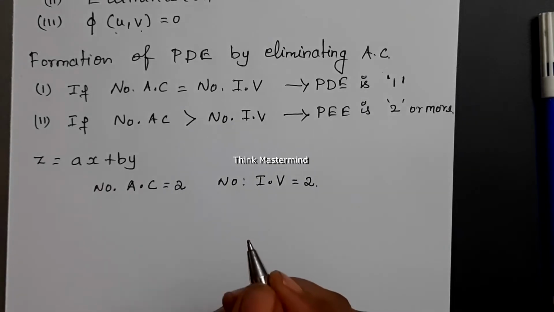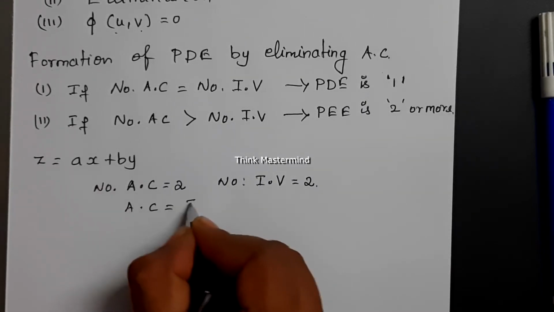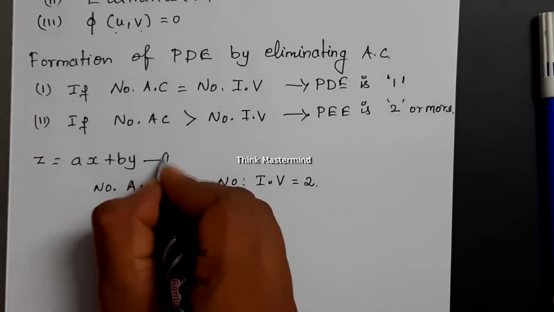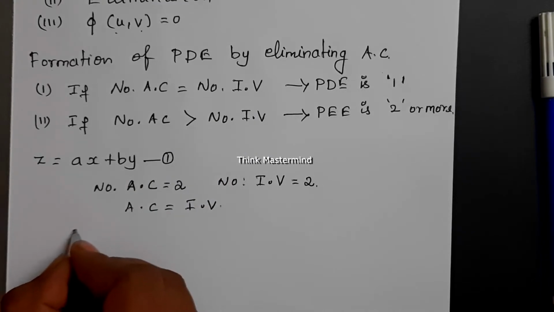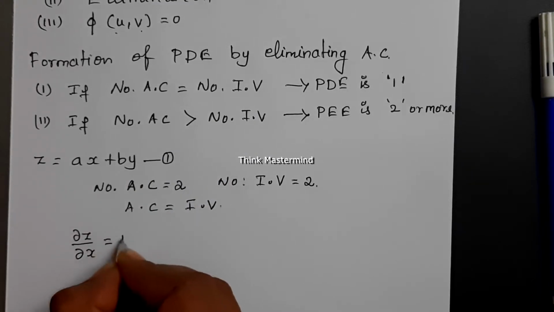Now differentiate the given equation with respect to x, that is dou z by dou x, denoted as p.